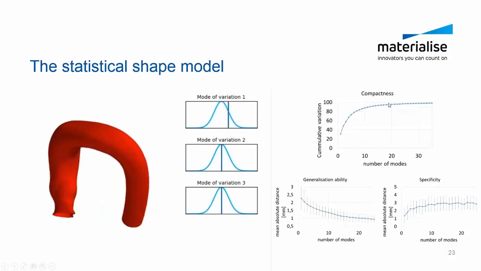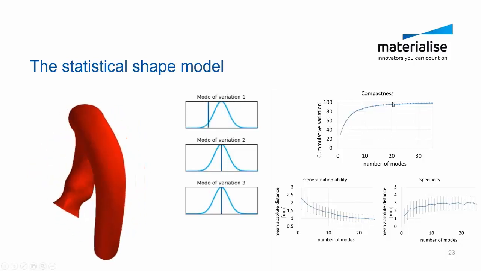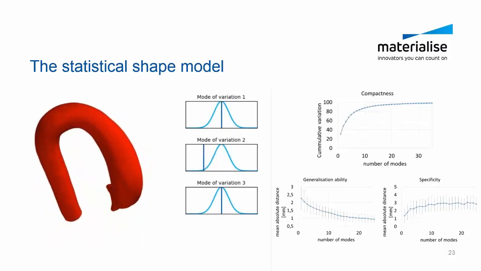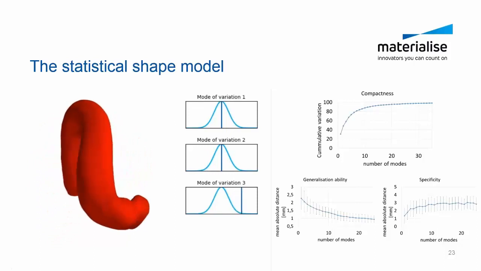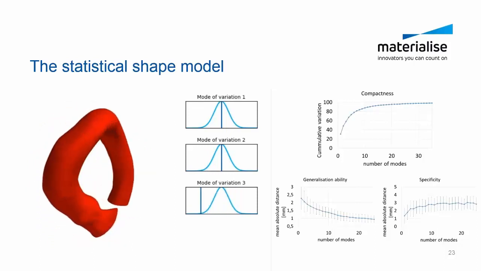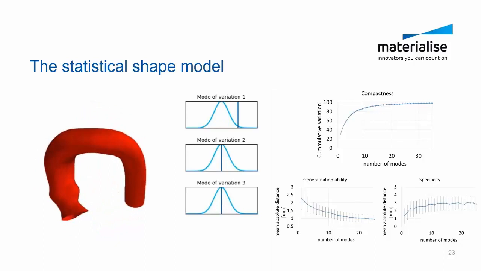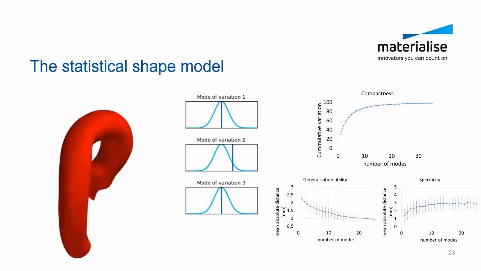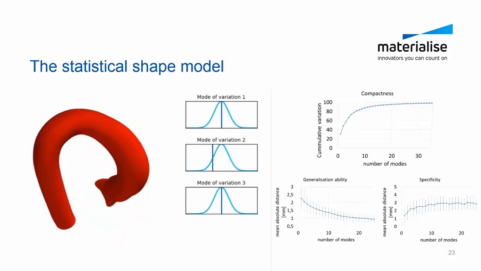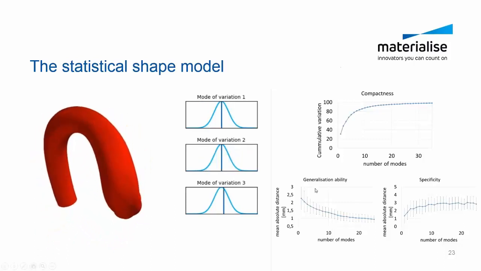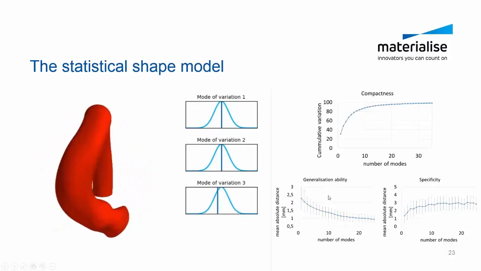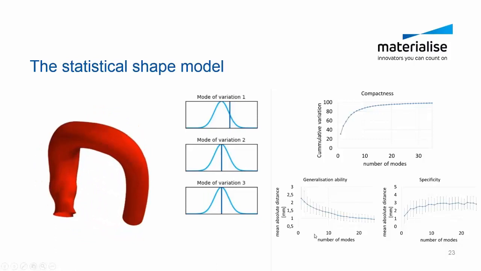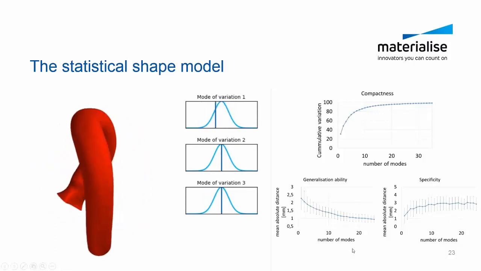So with 20 modes of variation, you can describe 97% of all the shapes in the training set accurately, and the other two give the distance when you include more modes.